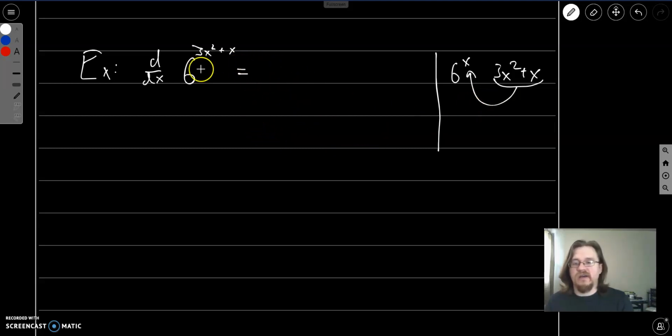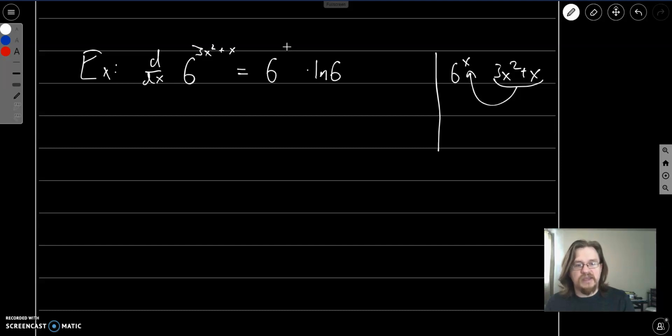So I'm going to do this using the chain rule, where I need to take the derivative of the outside function. So the derivative of 6 to the x, which is my outside function, is going to be 6 to the x times the natural log of 6.